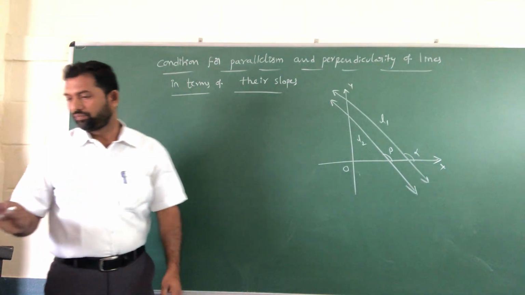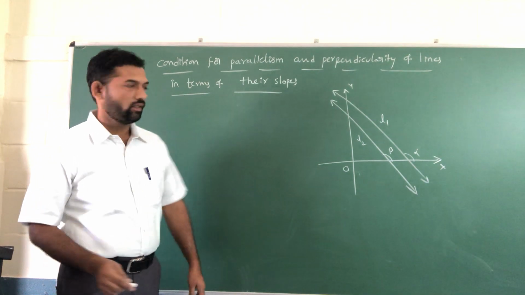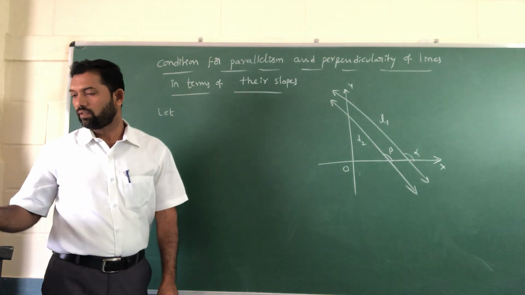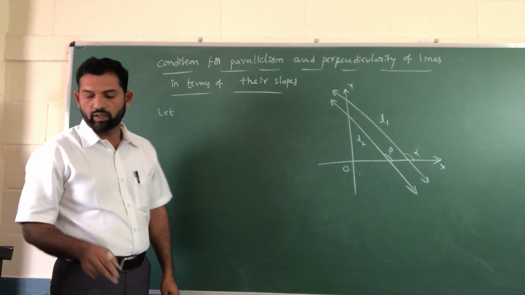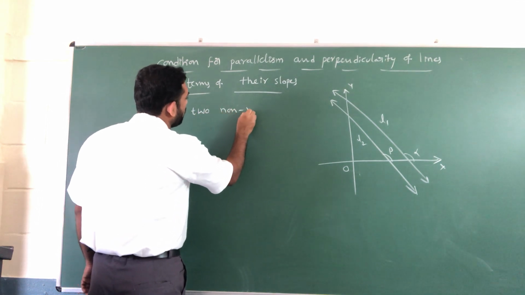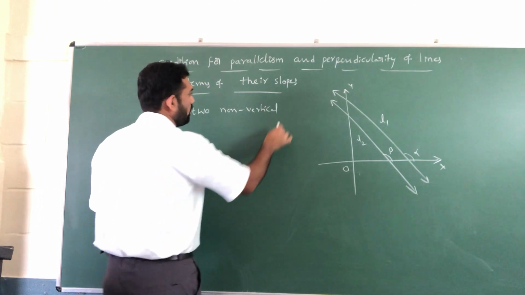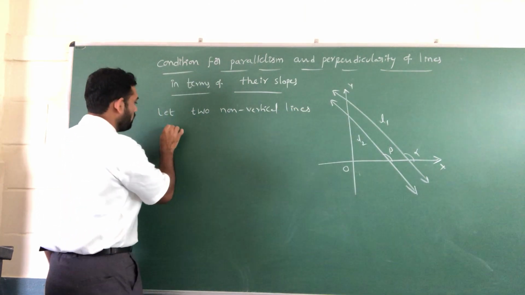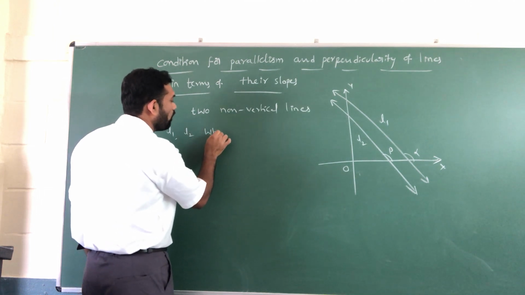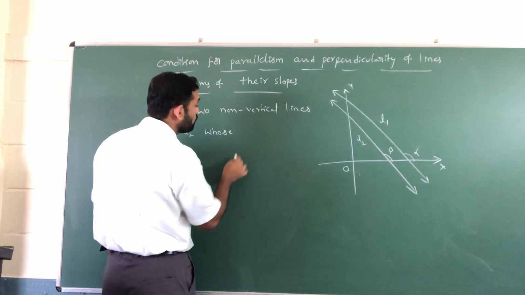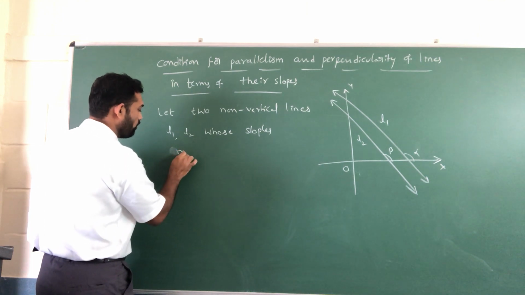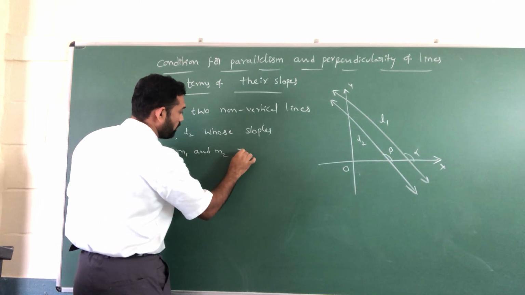Now, let two non-vertical lines L1, L2 have slopes m1 and m2 respectively.